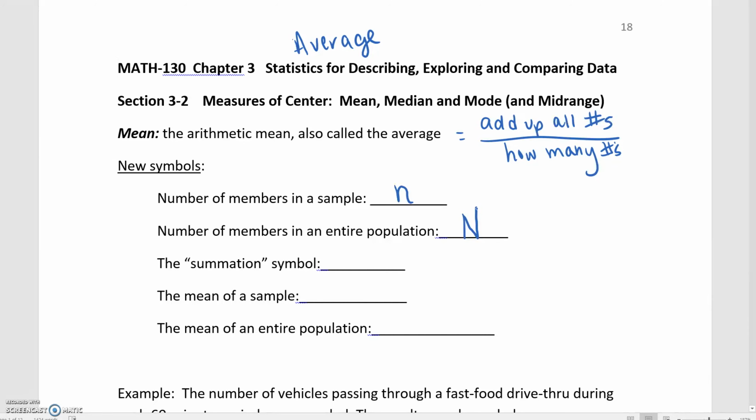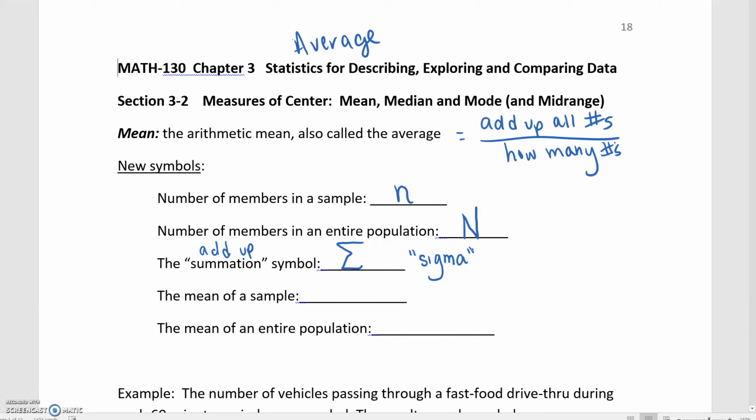The summation symbol is just a symbol that means to add things up. It's a capital Greek sigma. It looks like this kind of weird E, but it's a sigma. You'll see that in some formulas.